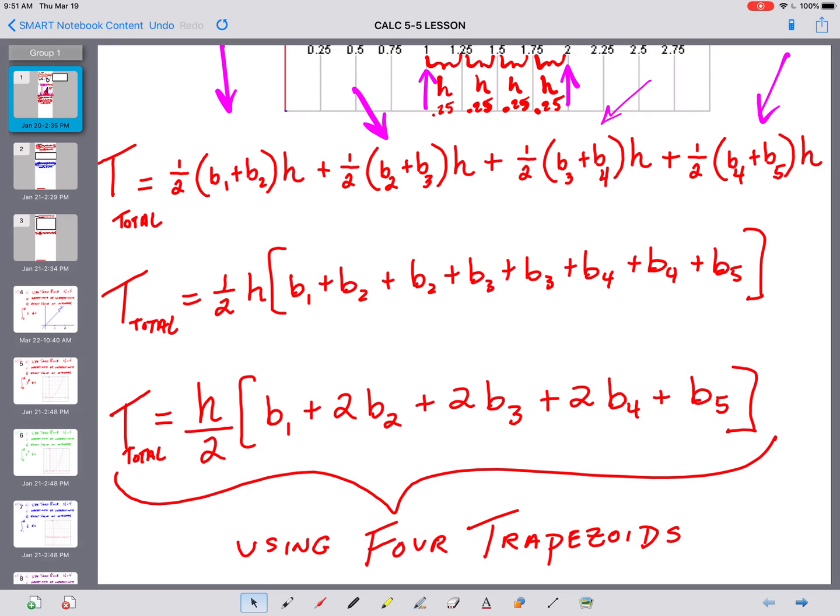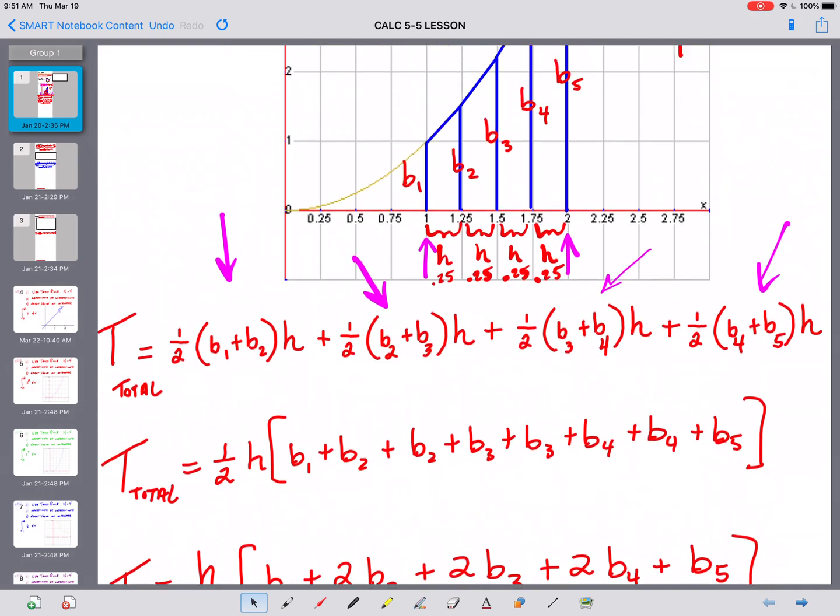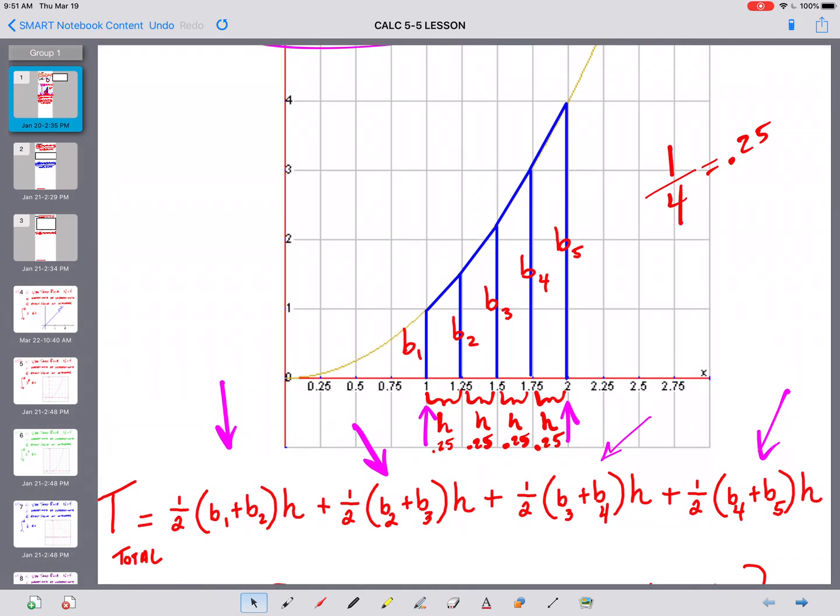Now, let's figure out how much base 1, base 2, base 3, base 4, and base 5 are. We already figured out h, it's 0.25. The bases are the y values. Our equation is y equals x squared, so we're just going to make a table of x and y.